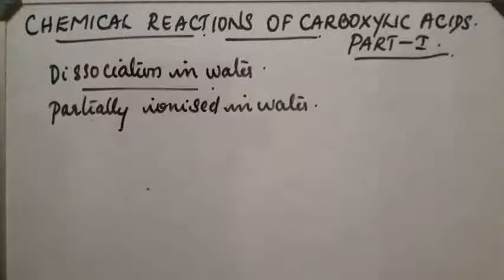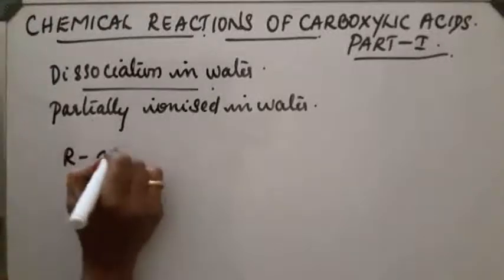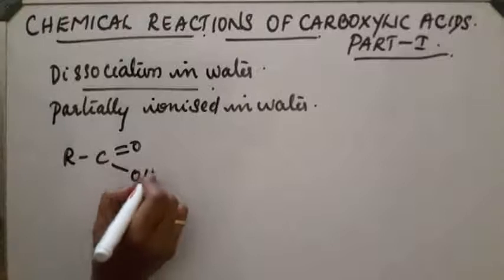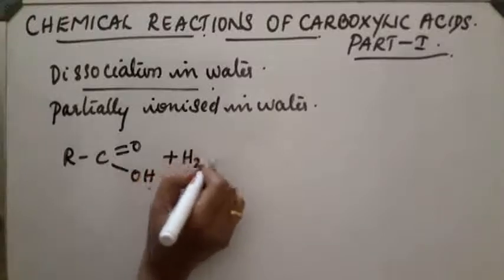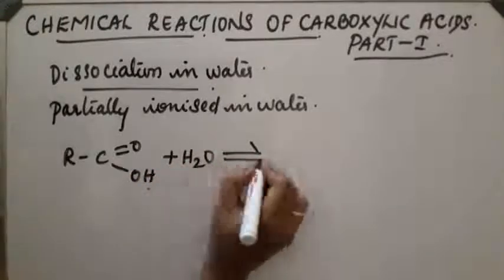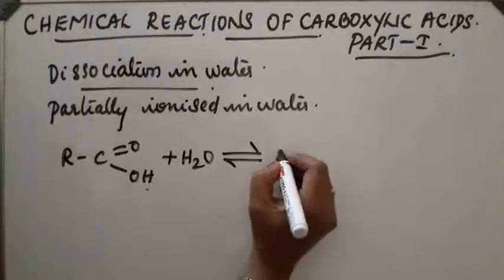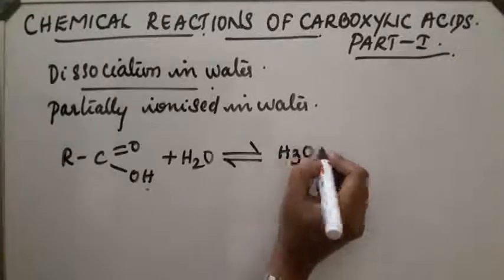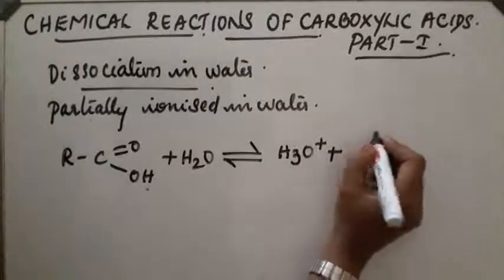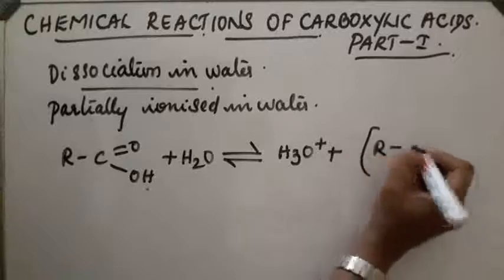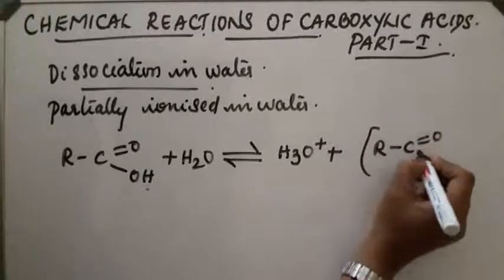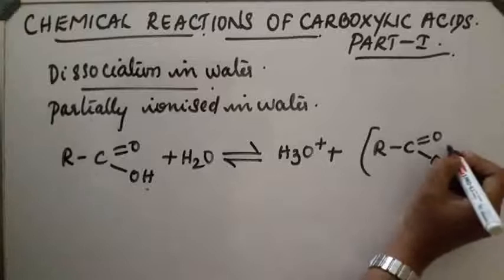Let us see the reaction. RC double bond O, OH, reaction with water. What will happen? An equilibrium exists between the ionized and unionized forms. Hydronium ion will be obtained plus the carboxylate ion, C double bond O minus.